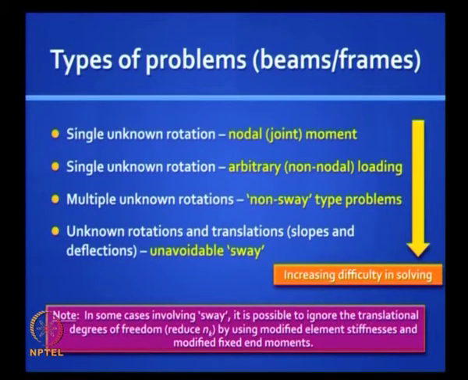So in many cases involving sway, it is possible to ignore the translational degrees of freedom and you reduce the degree of kinematic indeterminacy by using modified element stiffnesses. So from 4 EI by L we went to 3 EI by L, went to EI by L, and modified fixed end moment. So if you take this technique, really you can solve difficult problems in a very short time.